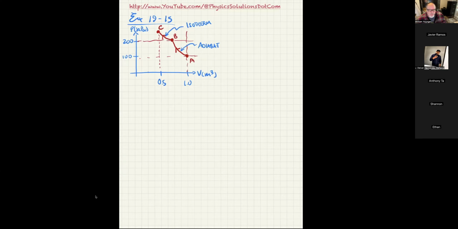The gas is then further compressed from point B to point C, where VC is equal to 0.50 cubic meters in an isothermal process. Determine VB and calculate the work done on the gas for the whole process. So A, they want VB equals question mark, and B, they want to know the work done from A to B, or A to C.